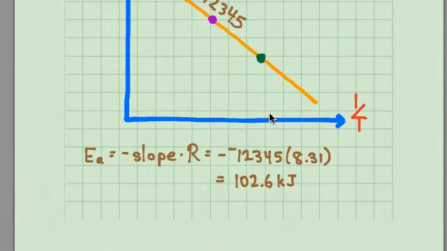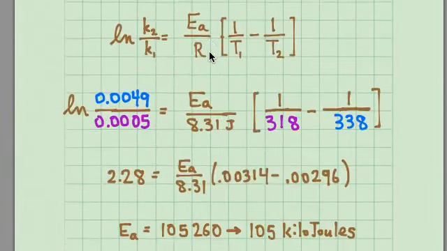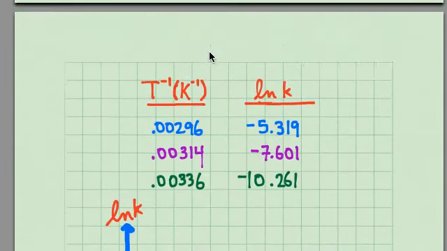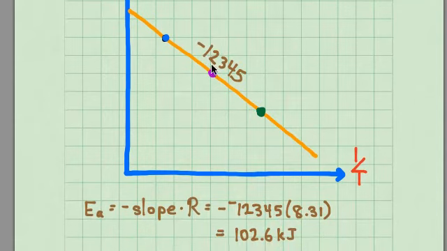Fairly good agreement. I did the blue and the purple, so the slope between here and here was 105 kilojoules, but the linear regression of all three is a little bit different.